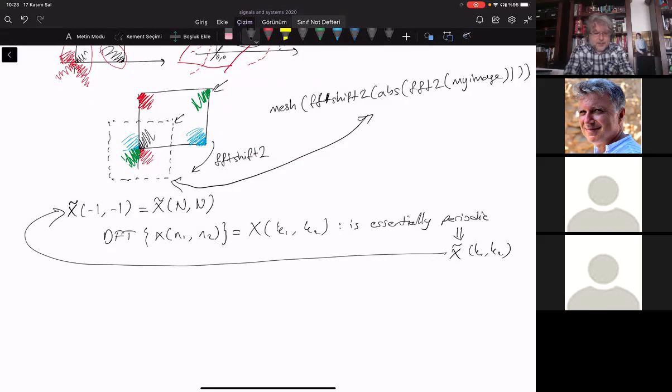There are a lot of properties that hold for the discrete Fourier transform, like convolution versus multiplication.